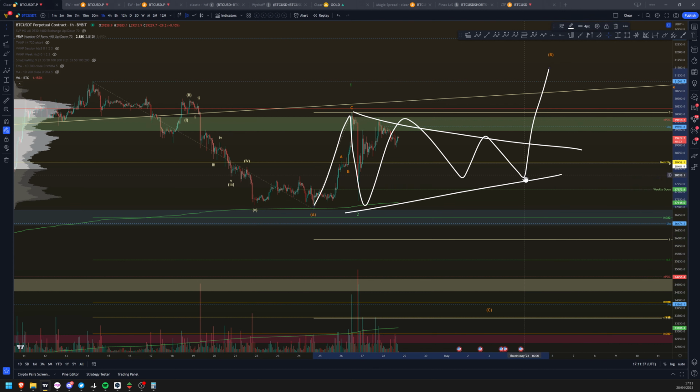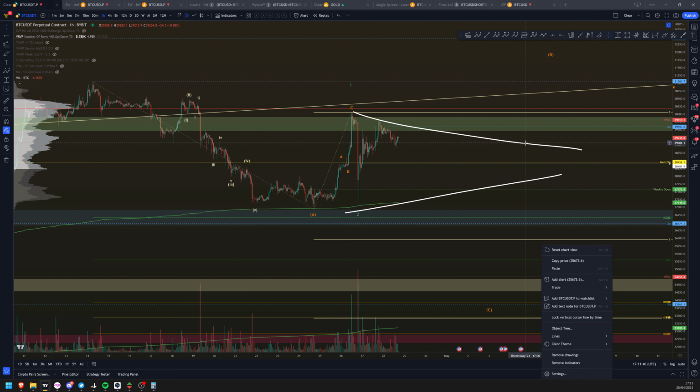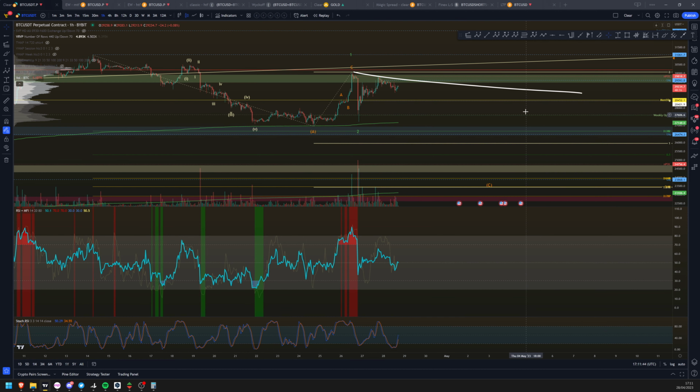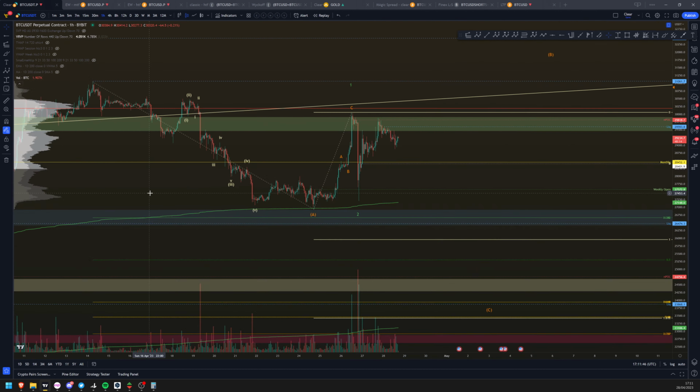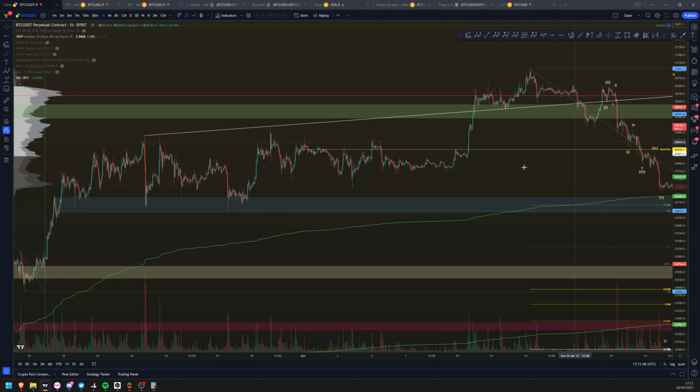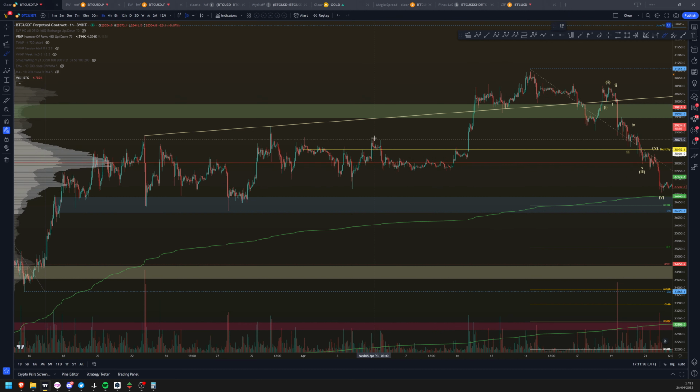Well, I would also prefer that because at least the triangle gives you better risk management. The more you narrow your price section, you have your risk defined. You can be short from here with your stop. You can be long somewhere here with your stop, and you know you will have expansion one side or the other.